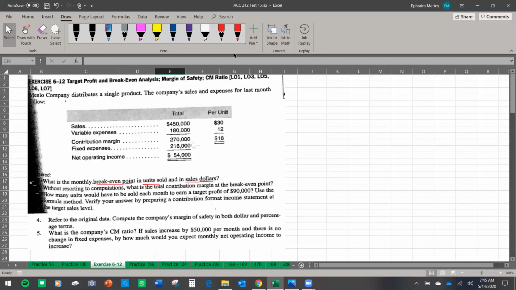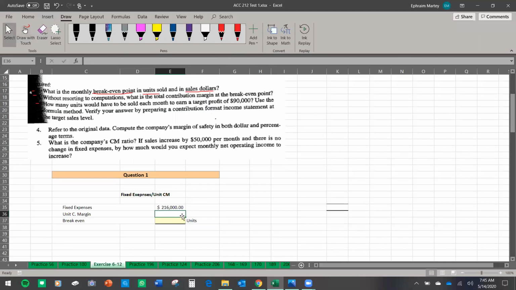Let's go back here, and that one is $18 right here. So we just put that number there, $18. Okay, and then what we will do is we will divide 216 by $18. Okay, so what we have is 12,000 units. So the company has to sell 12,000 units in order to have a profit of 0.